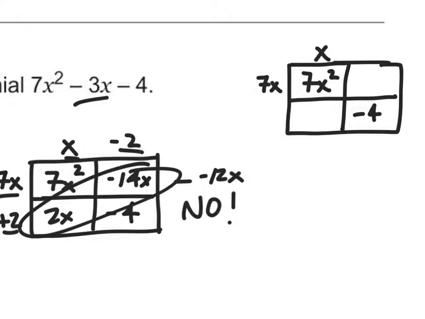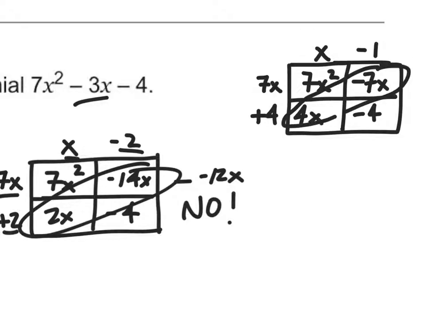I'm going to put the 1 here and make this a negative 1, so that when I multiply these together, I get negative 7x. Then if I put a plus 4 here, I get 4x.